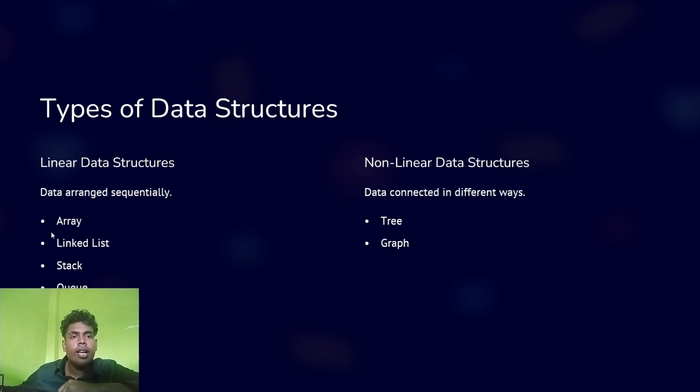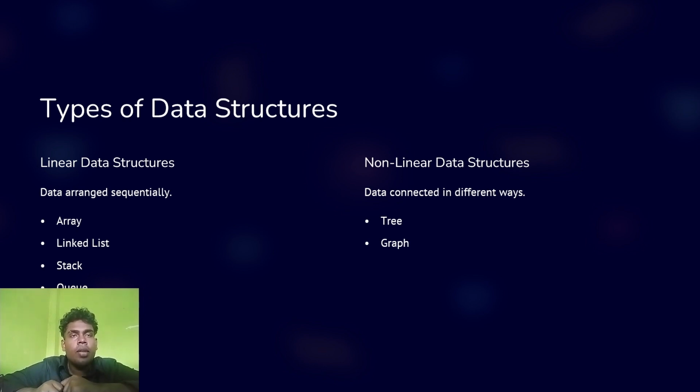For linear data structures, the examples are array, linked list, stack, and queue. We will discuss those shortly. Array is like a train where each box has an item.